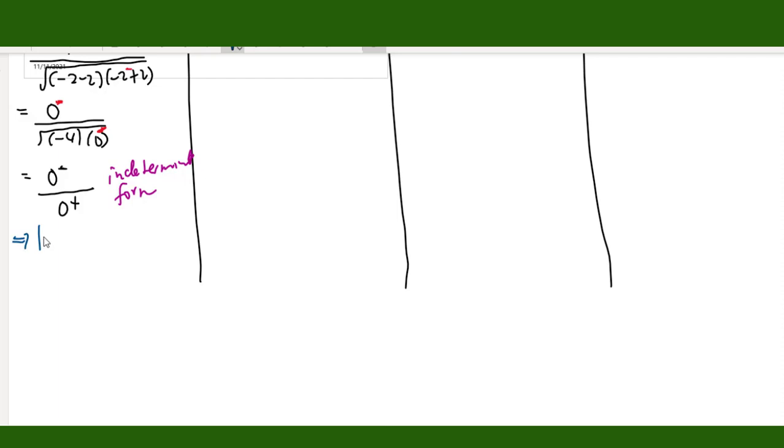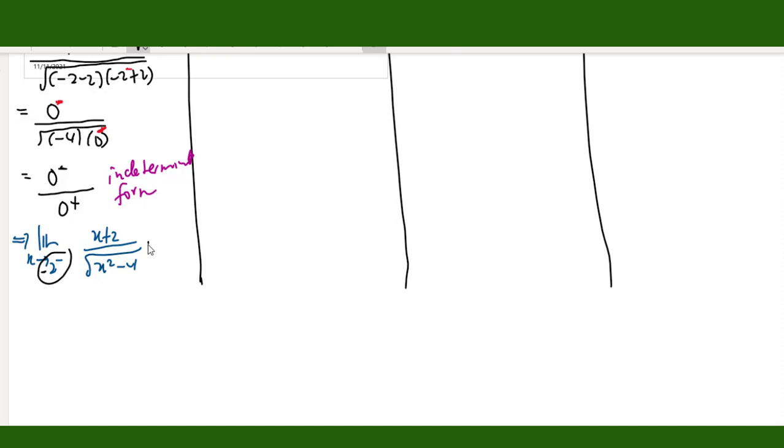Limit as x approaches negative 2 from the left of (x plus 2) over the square root of x squared minus 4. We need to do something because this is an indeterminate form. Here it is a whole over a square root. You cannot divide by x for the square root of x squared, because this is just a value.